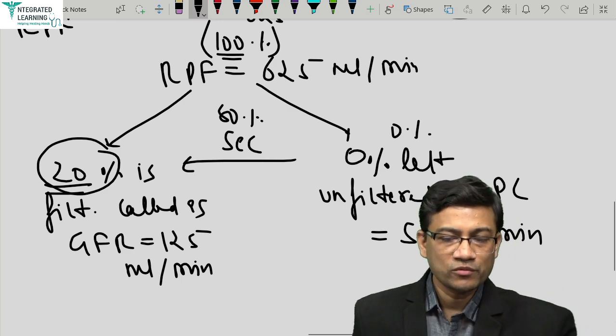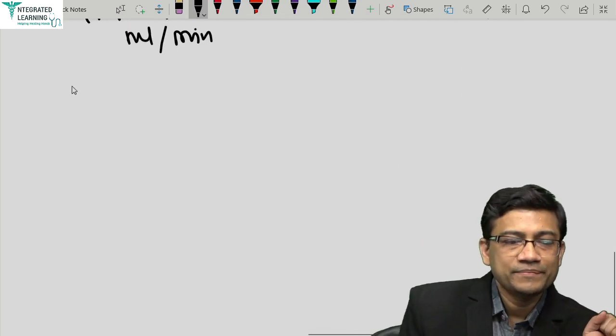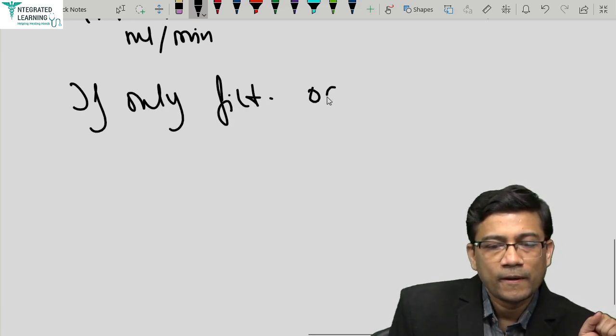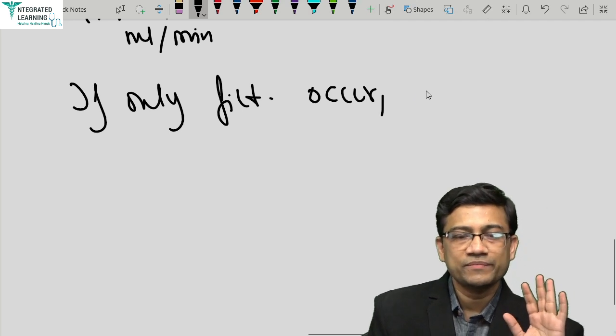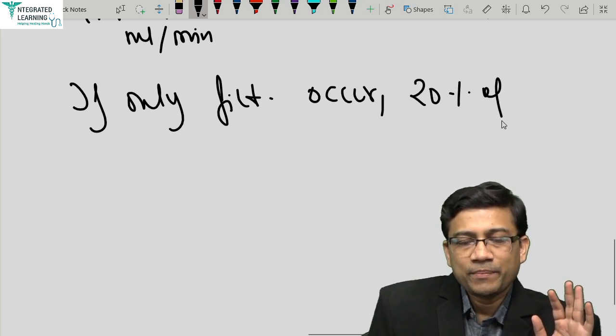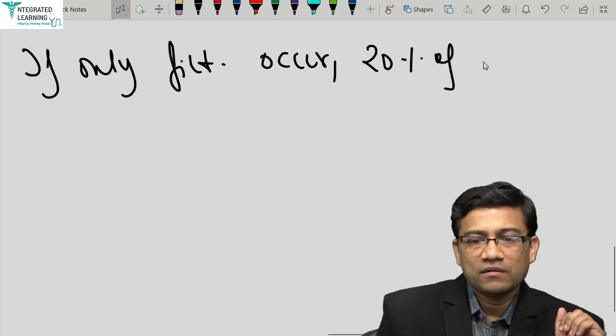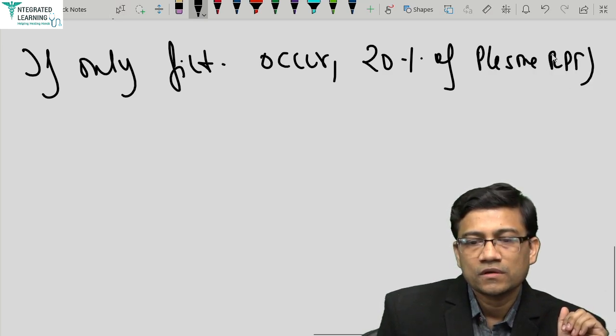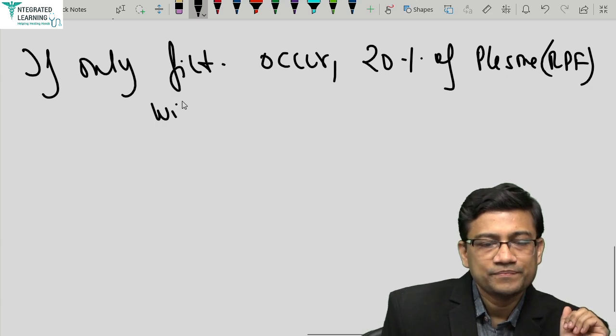So that is the basic assumption of clearance. Let me write it down for you. If only filtration occurs, 20% of plasma, what is that called, RPF, will be cleared.